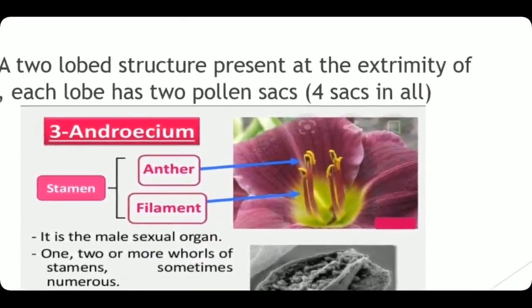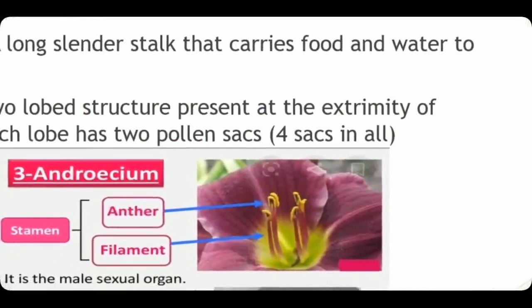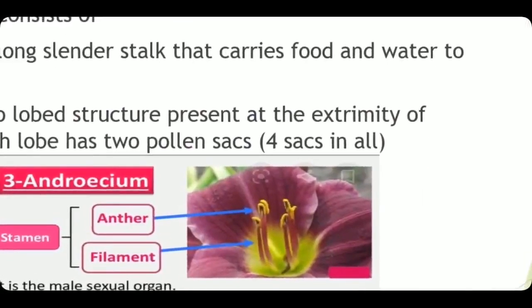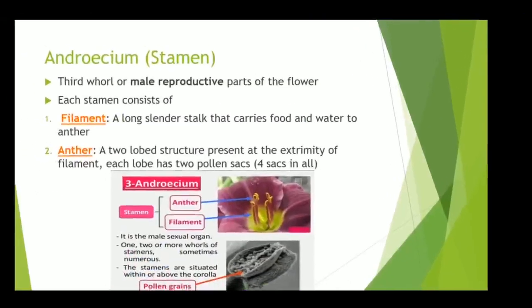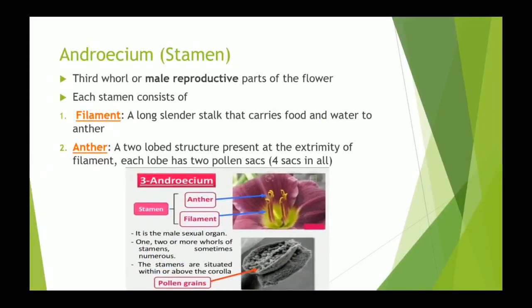Anther is present at the extreme end of the filament, and it is a two-lobed, bilobed structure. This bilobed structure is very important because it has pollen grains in it.